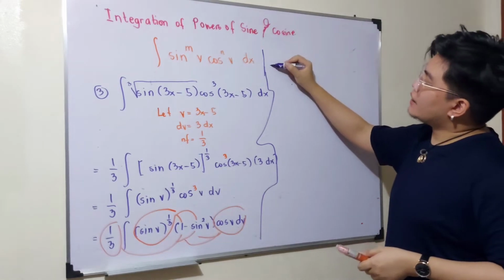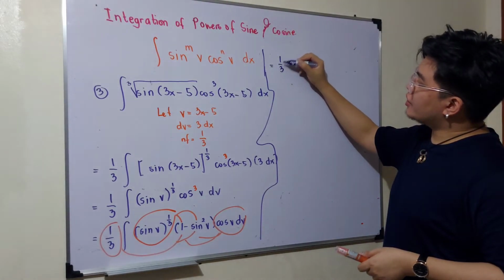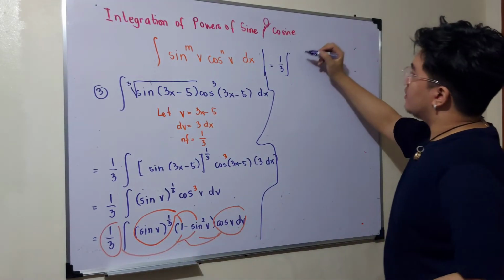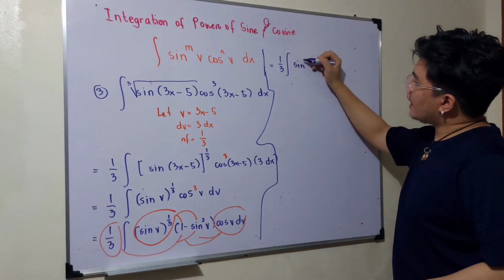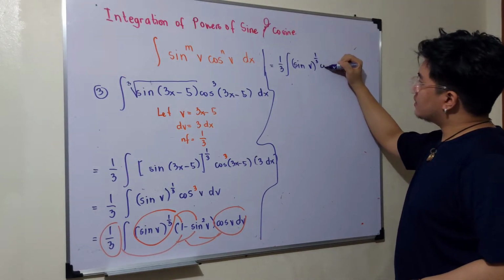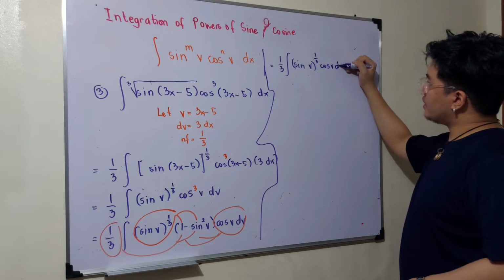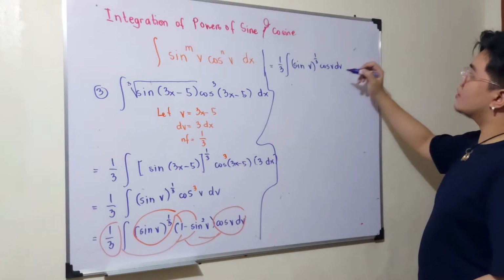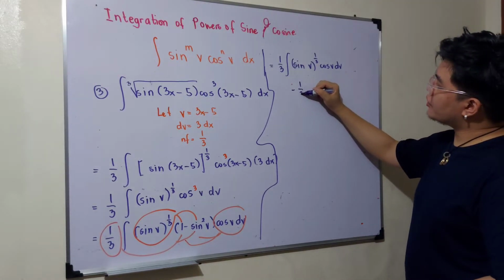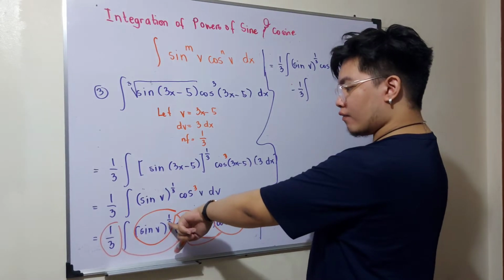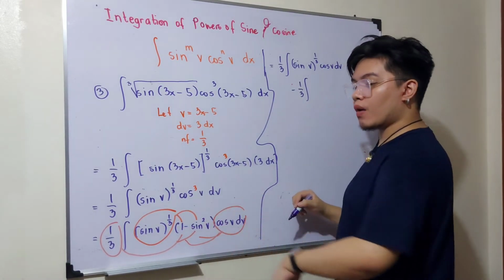Okay, multiply na natin. So we have 1/3 times sine V raised to 1/3 cosine V dV. Tapos minus 1/3. Oh, ito na. So sine V na naka 1/3, tapos dadagdagan mo ng dalawa.